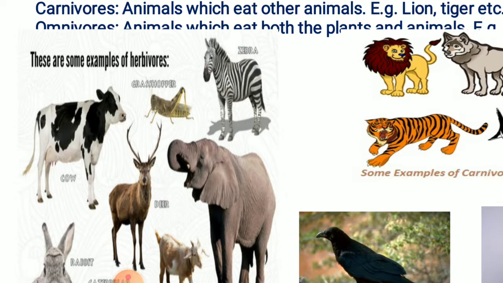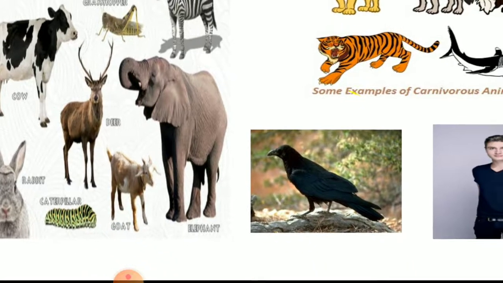You can say both plants and animals. Eat both, whatever you give, they eat. Plant you give, eat. Animal you give, eat. That type of animal we call an omnivorous animal. They eat both plant product and animal product.